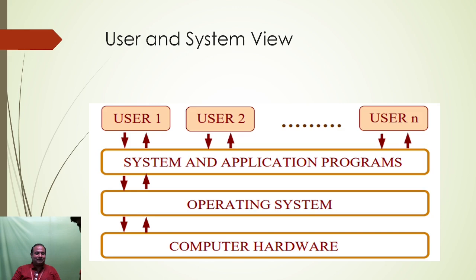Next we are going to see the user and system view of the operating system. Here we have one diagram. In this diagram we are showing the user, the system and application programs, and the computer hardware. The operating system is the intermediary between the application programs and the computer hardware.